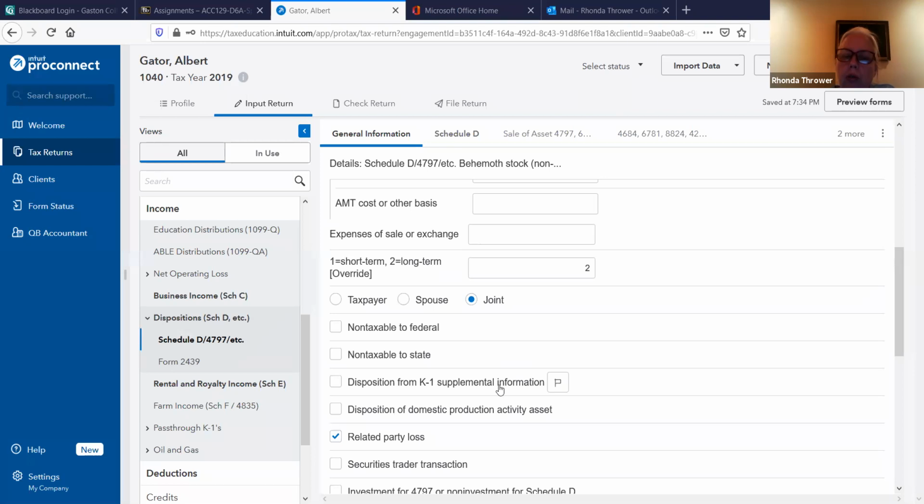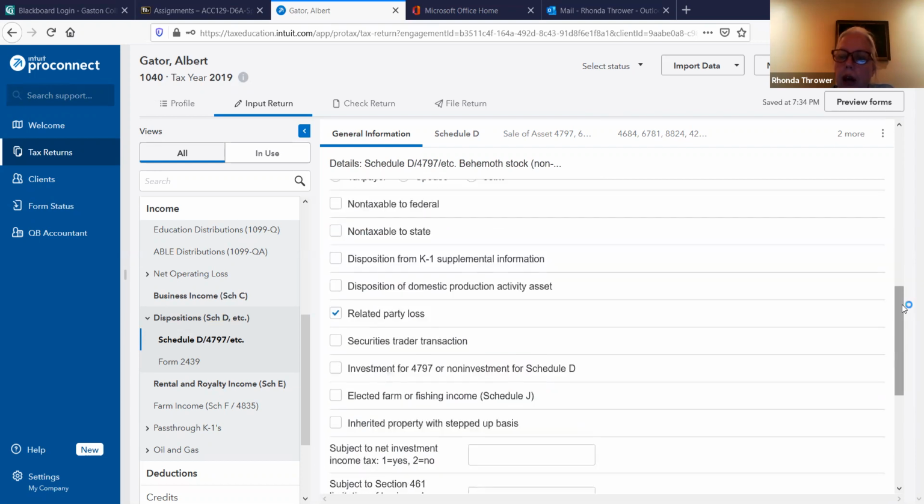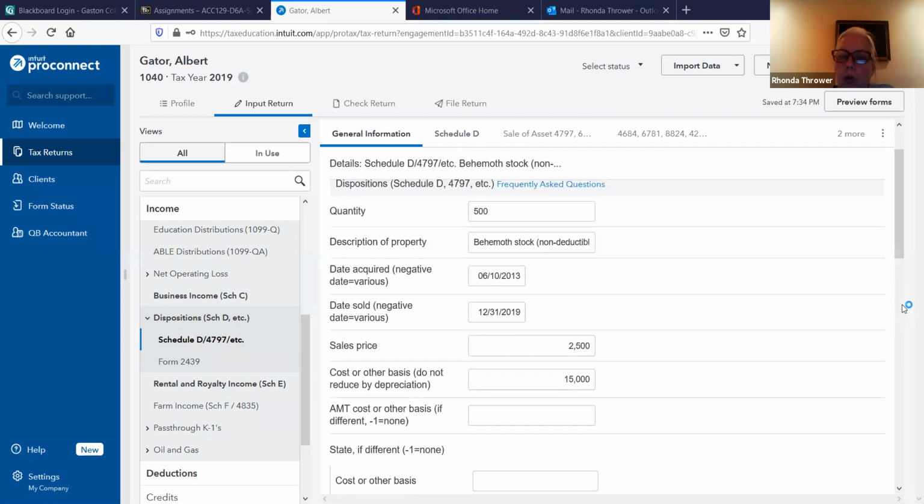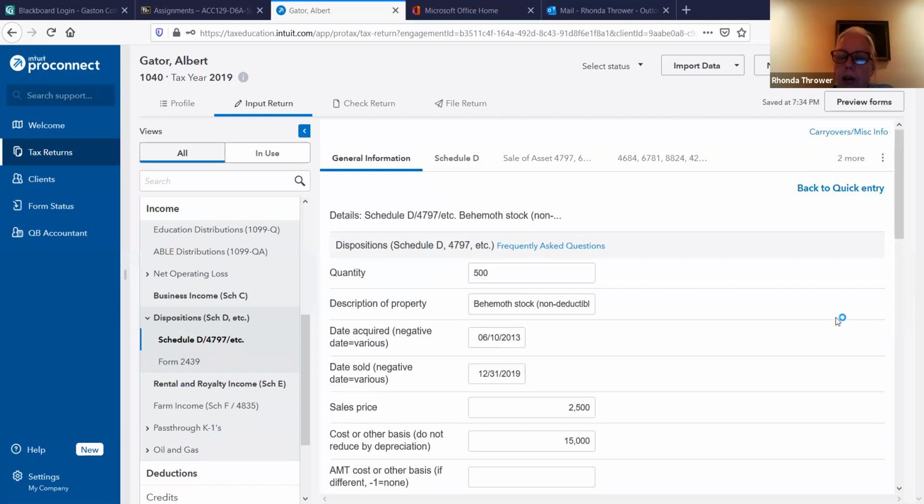And if you scroll on down to where it says related party loss, make sure you check this for the sister's transaction. When you check this, it will disallow the loss for you on your Schedule D. So make sure this is selected. And that's all you have to do when you're recording this sale of the Beethma stock.